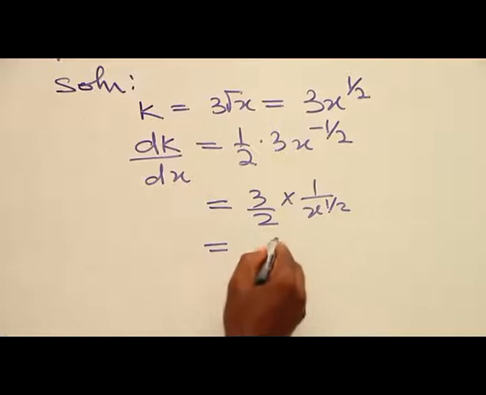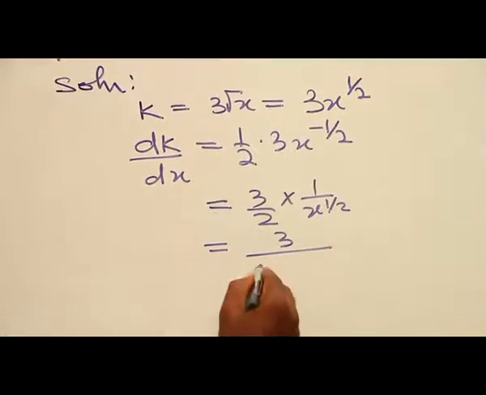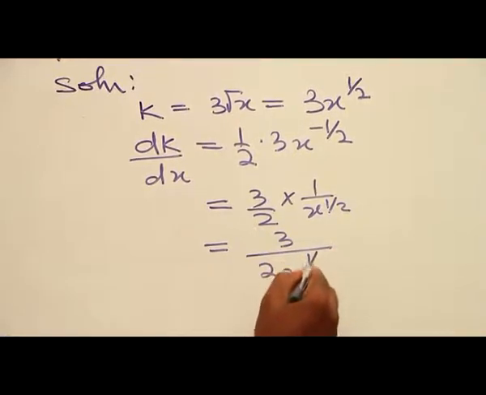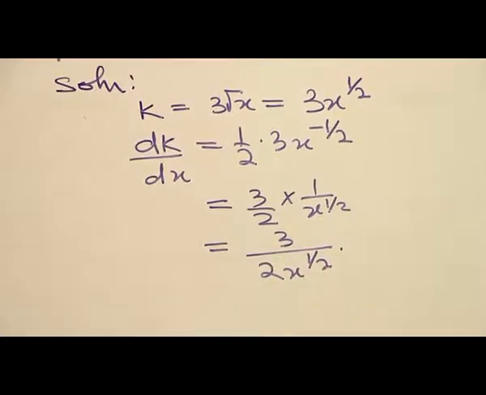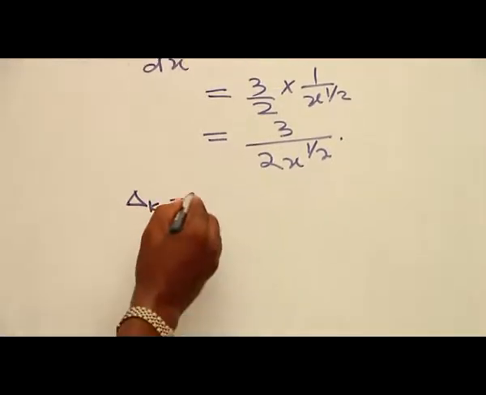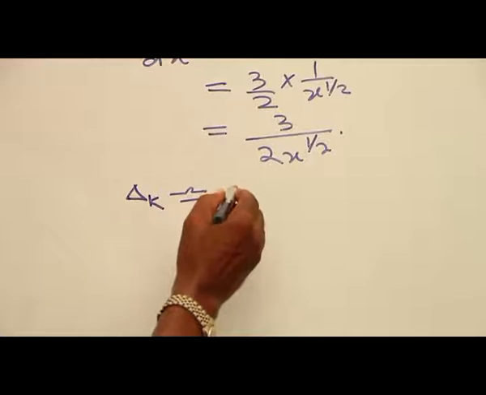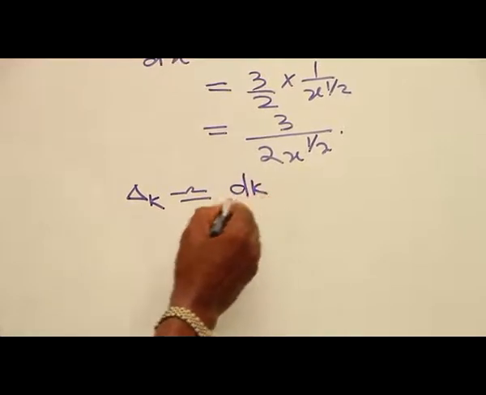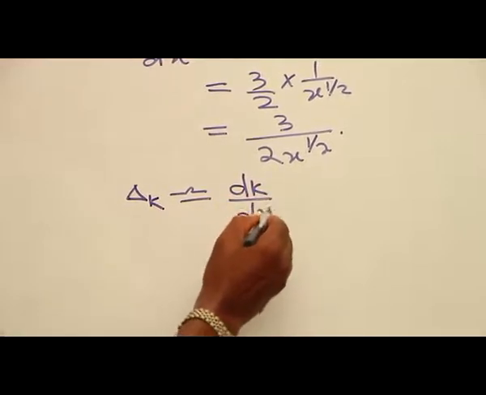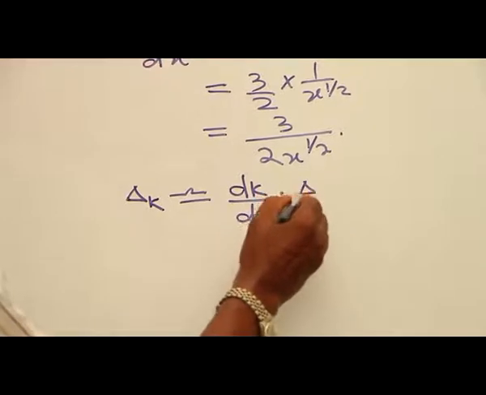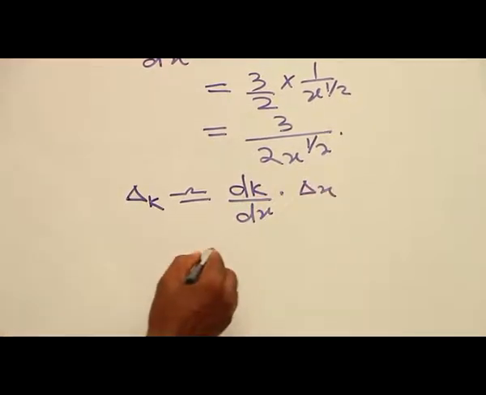You can go on and say this is equal to 3 all over 2s raised to power half. Good. Remember that we are looking for the approximate increase in the value of k. So let the approximate increase in the value of k be delta k. And this delta k is approximately equal to dk all over ds, multiply this by our delta s. Now, what would this be?